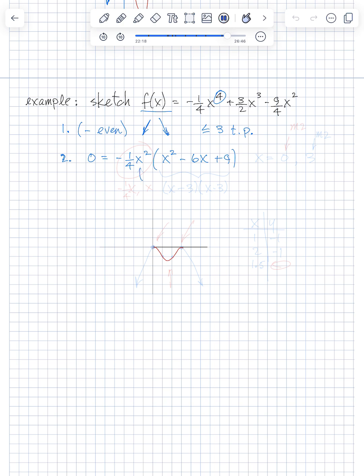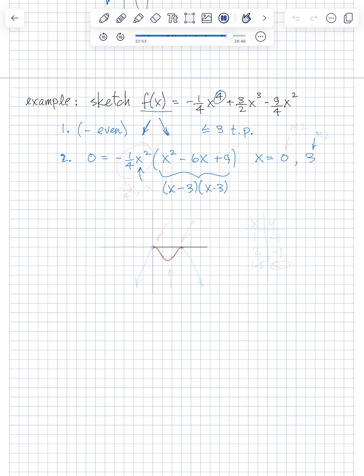So we know one of the x's is equal to 0. And let's factor this term. Well, this is x minus 3 times x minus 3. So we have x equals 3 as a factor.